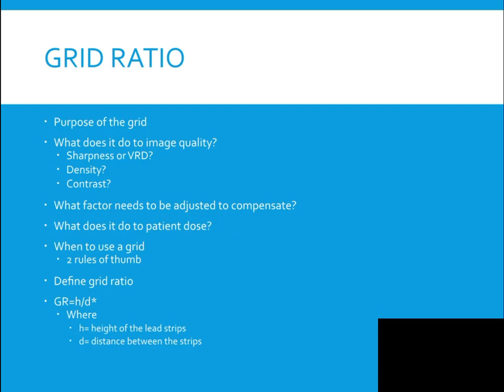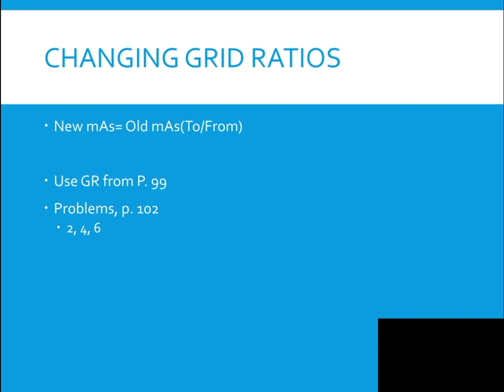So that's all of that stuff there, and that's a very busy slide, and I apologize for that. Changing grid ratios, you can use the formula new mAs equals old mAs times 2 over from if you want to. I'm a little OCD, and I always like to take grid ratios out of the equation.